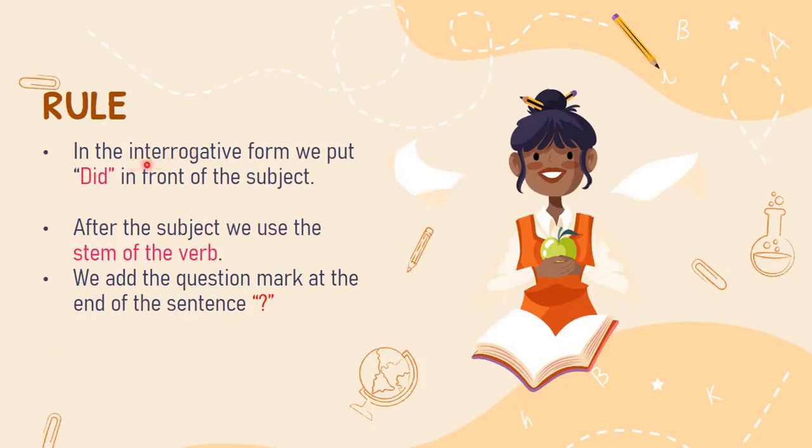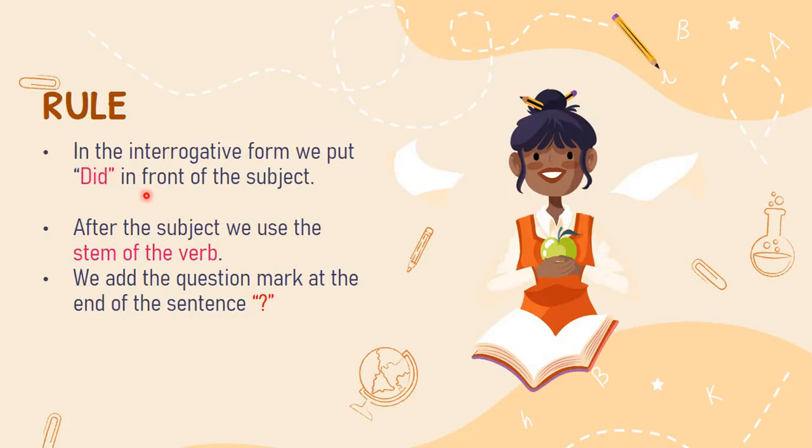Rule: in the interrogative form, we put did in front of the subject. So we always need the auxiliary or helping verb. We have seen before in class that did is called the magic word, which appears to help us make the negative and the interrogative form.